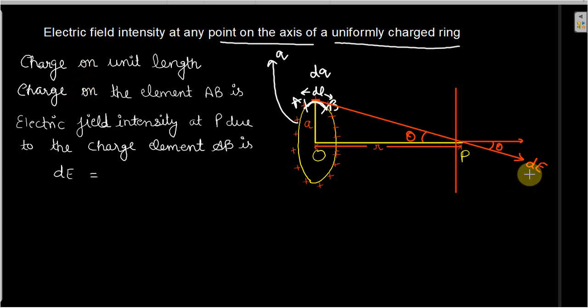Now we will resolve this dE into two components. On this side the component will be dE cos theta, and toward this side the component is dE sin theta. These are the two components of the electric field dE produced by the element AB.